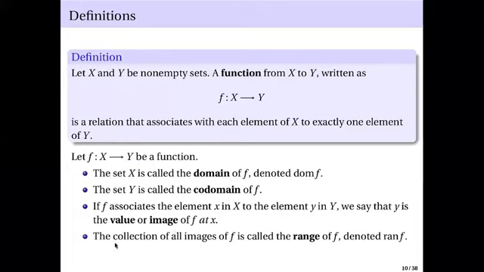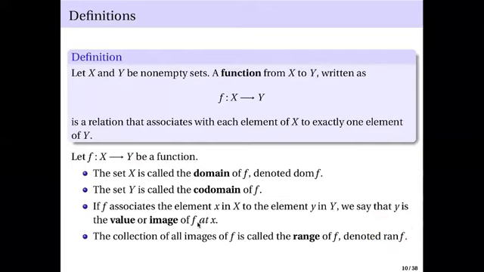Now, if we collect all the images of F, then we call the collection the range of F. Range of F. And we denote that by ran F.